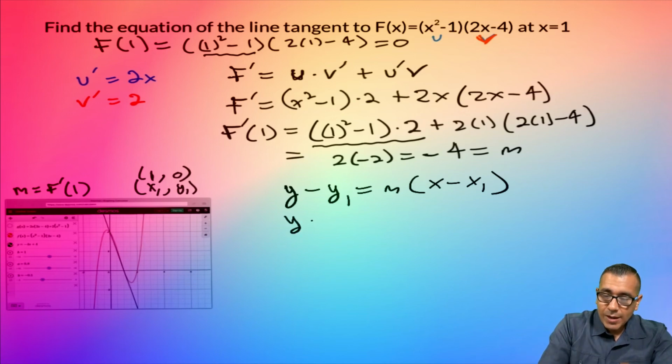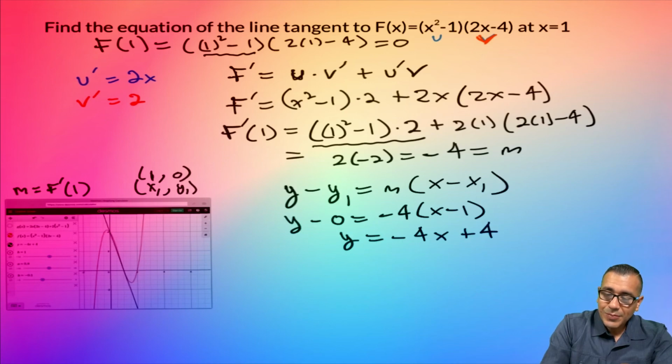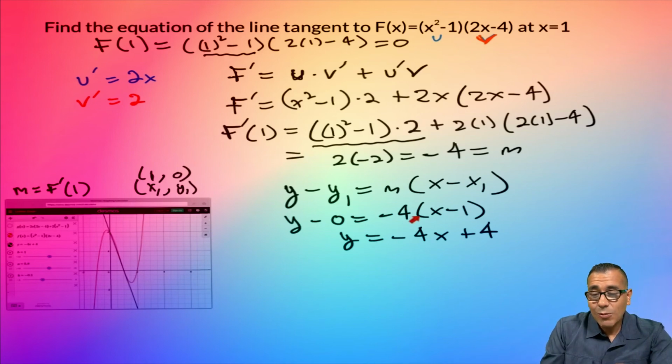So we get y minus y1, which is 0. Our m is negative 4. And then we have x minus 1. Distribute that negative 4 and you're left with y equals negative 4x plus 4. And if you were to graph this, that would give you the equation of that tangent line when x equals 1.